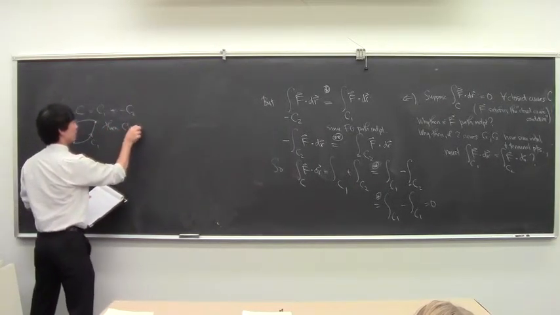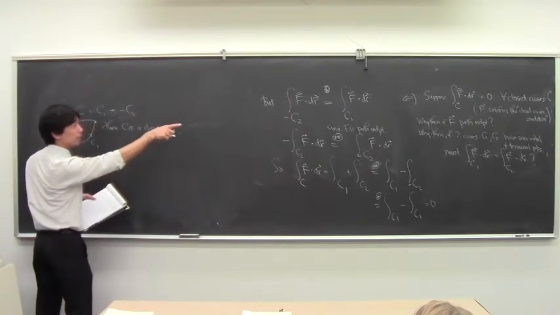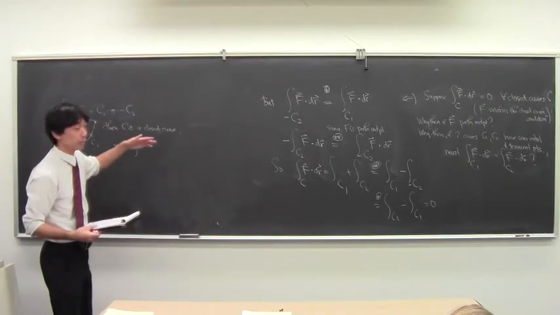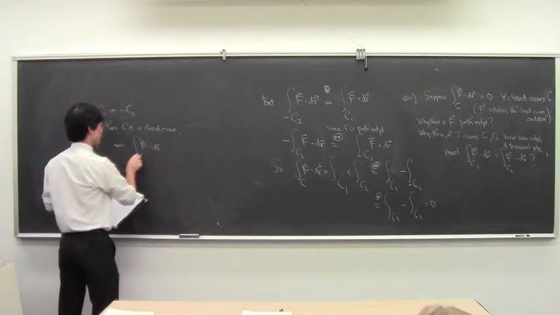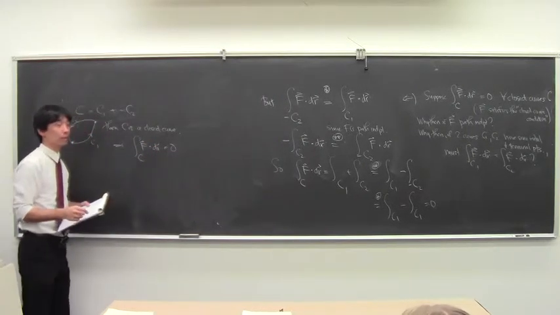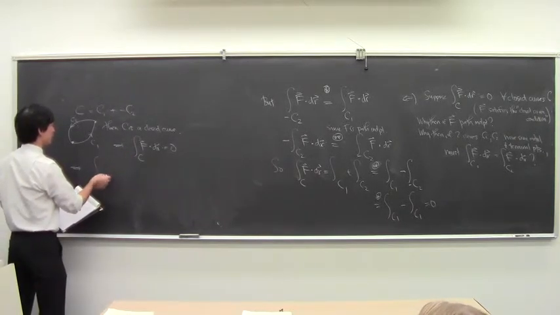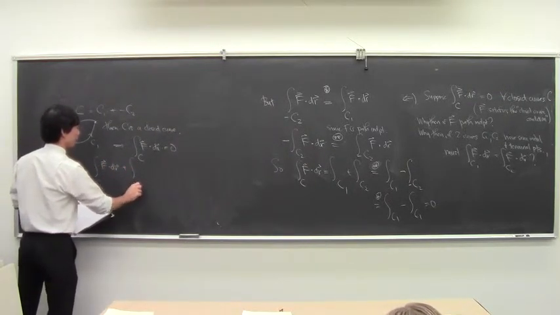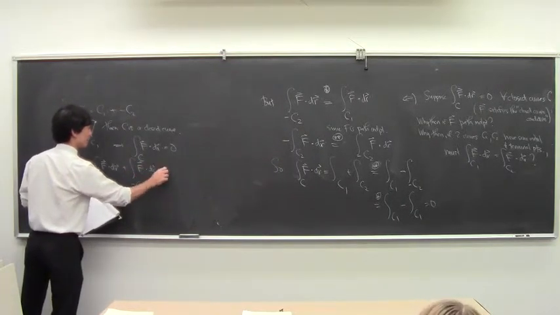Okay, so then C is a closed curve, right? And we know that for our field, the integral over closed curves is 0. And so the integral over C, which is the integral over C1 plus the integral over minus C2, is going to be 0. Here's where the plus minus really makes sense.